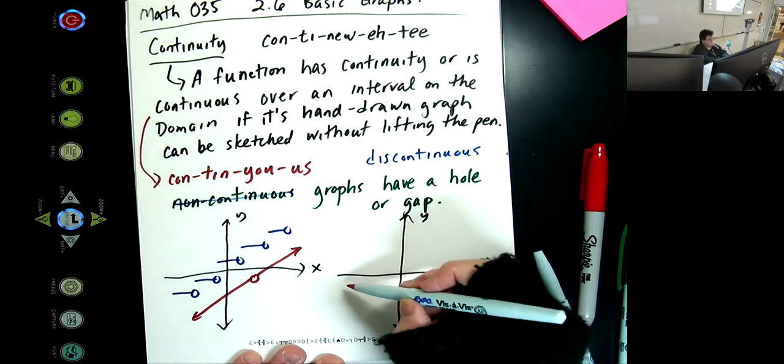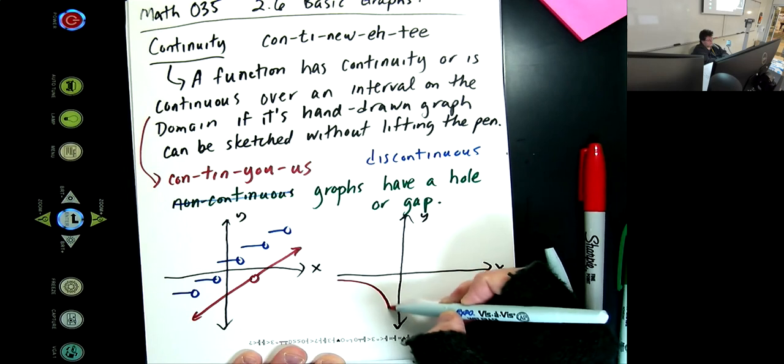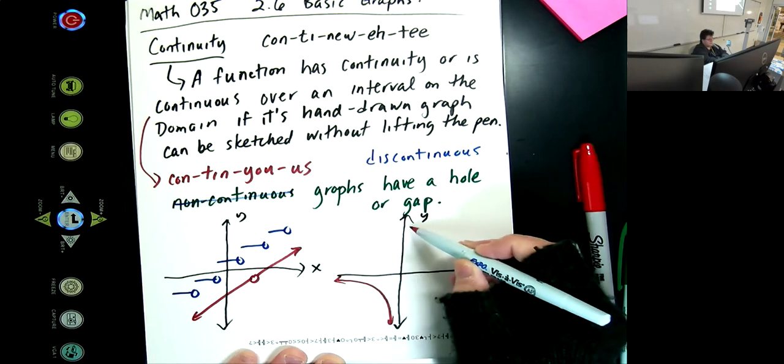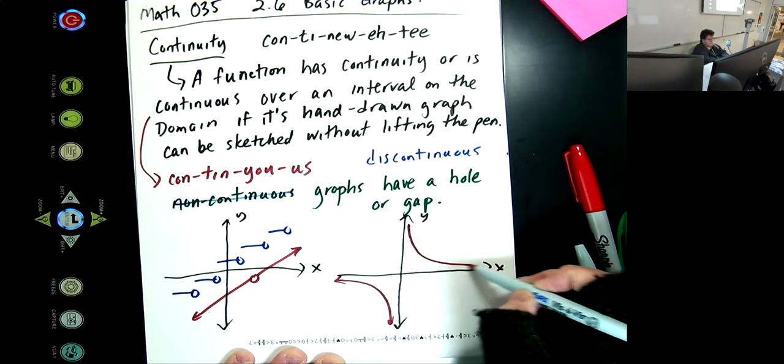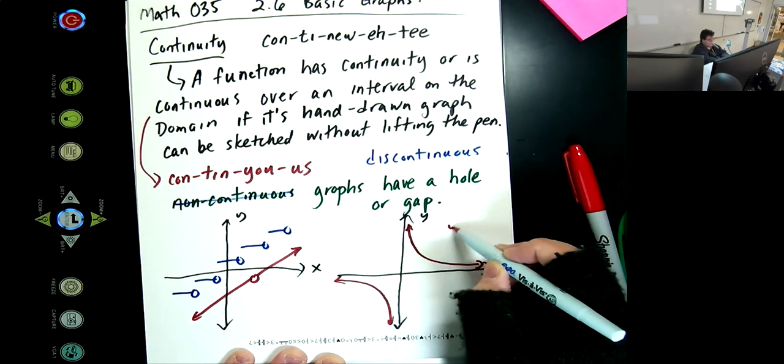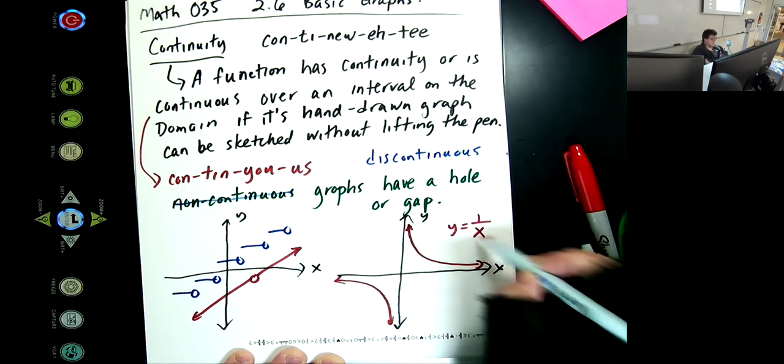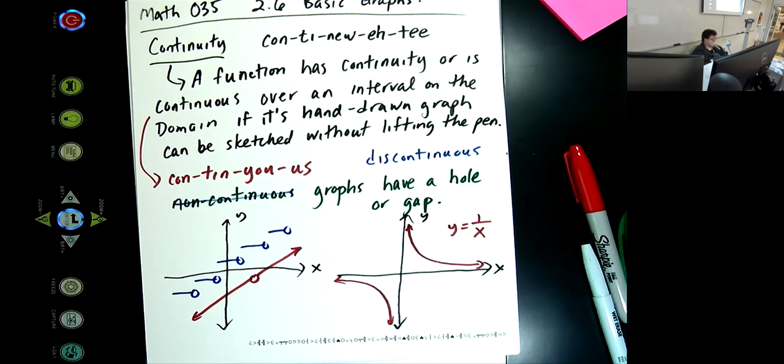Some are really noticeable, and we're going to cover this one later. This is the graph of y equals 1 over x. I can't draw that with the pen without lifting it from the paper.